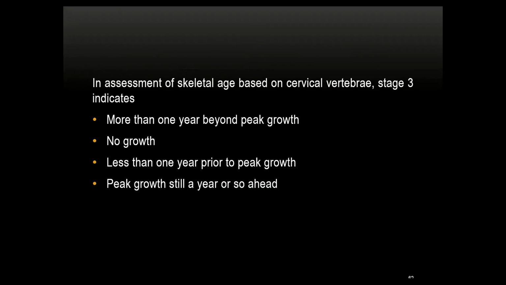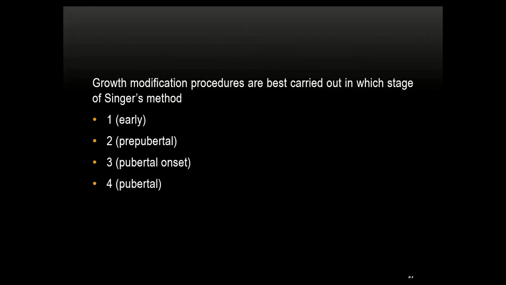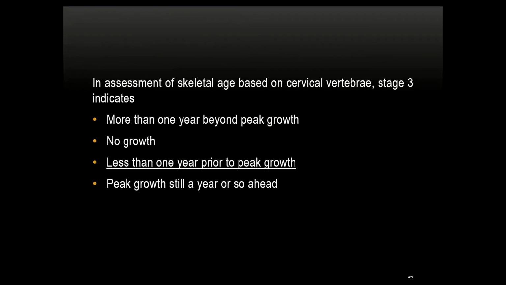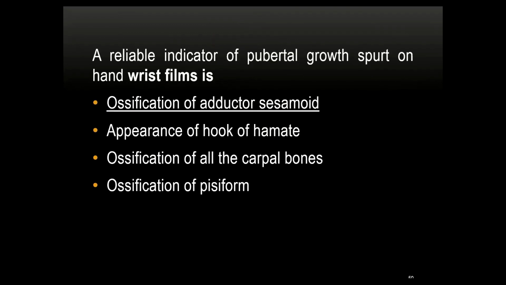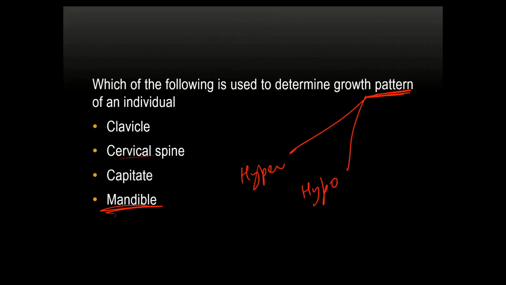In assessment of skeletal age, see, cervical vertebrae we'll discuss tomorrow. So Ishita, that answer is wrong. We have overshot the time. See, the growth pattern is hypodivergent or hyperdivergent.